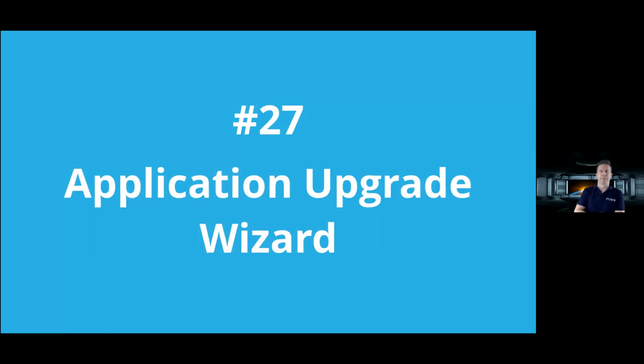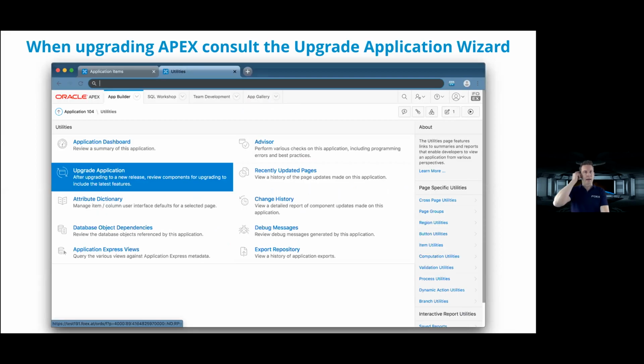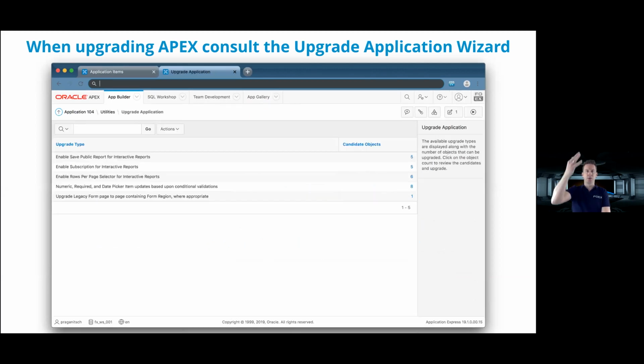Okay, another thing you need to do when upgrading Apex: go to your applications, go to utilities, and consult the upgrade application wizard. It shows you things you could do.